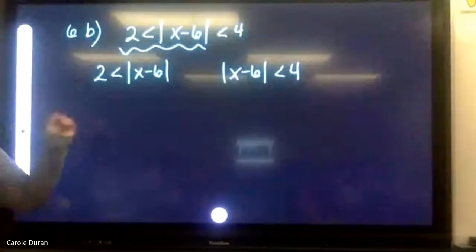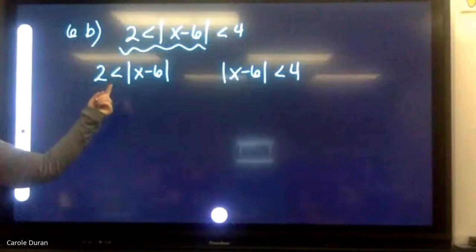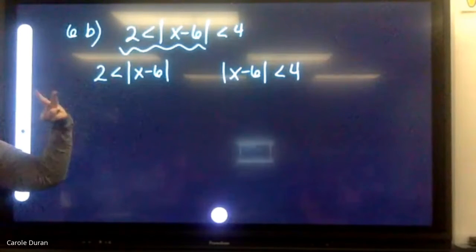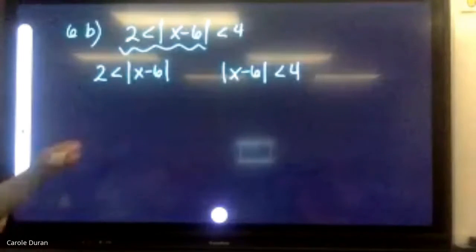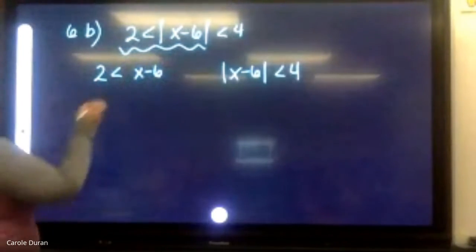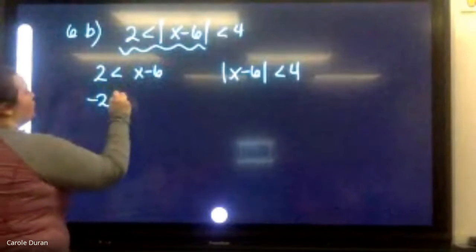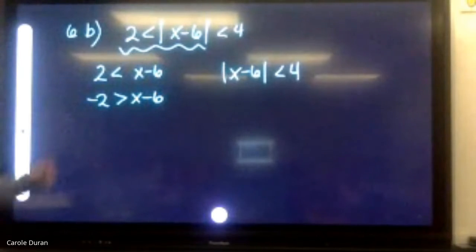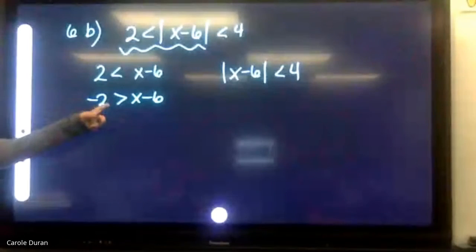When I compare it to the negative version, I have to flip the sign. Also when I split it up, I lose the absolute value signs. So then this becomes 2 less than x minus 6 and -2 greater than x minus 6. So I added a negative and then flipped the sign.